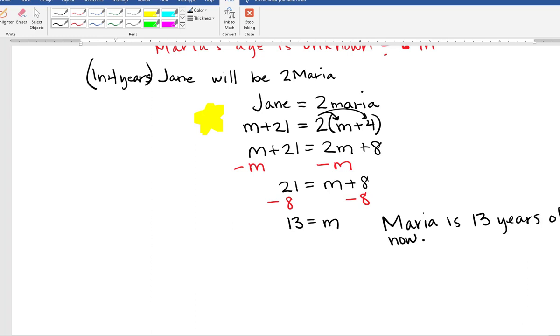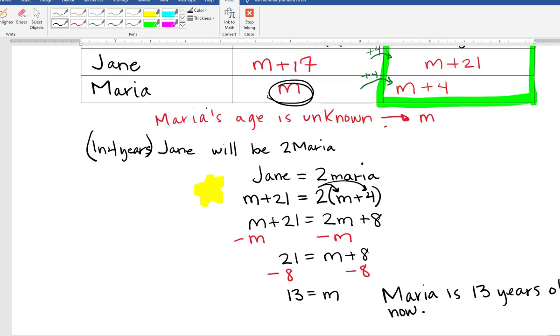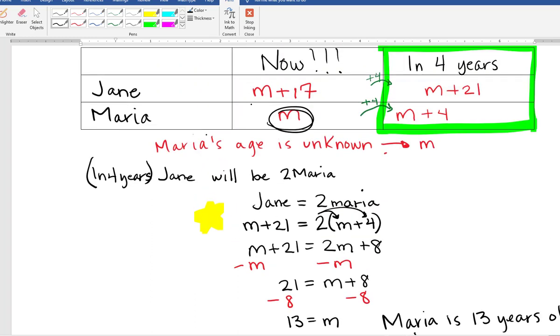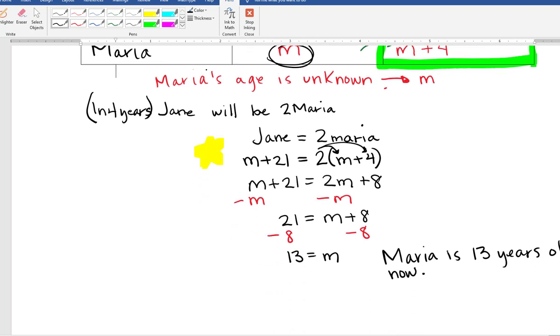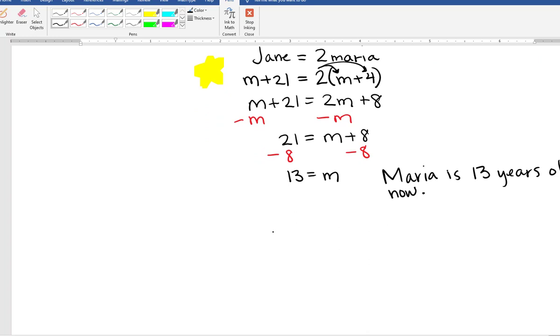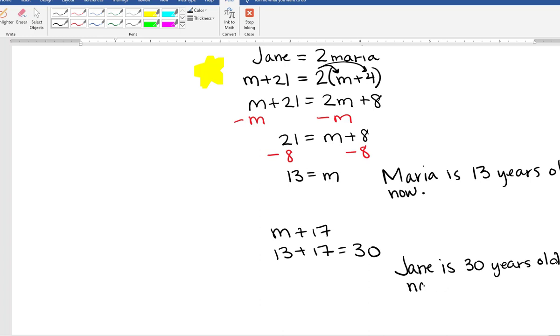We still have to solve for Jane, but using what we know in the table, we know now Jane is m plus 17. So m plus 17 will be 13 plus 17, and 13 plus 17 is 30. And therefore Jane is 30 years old right now.